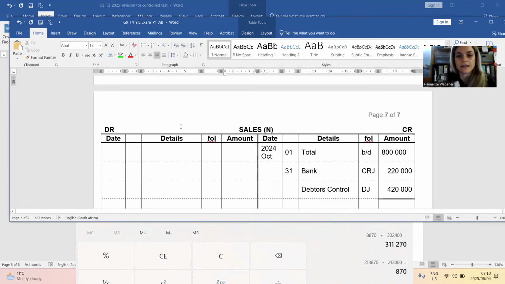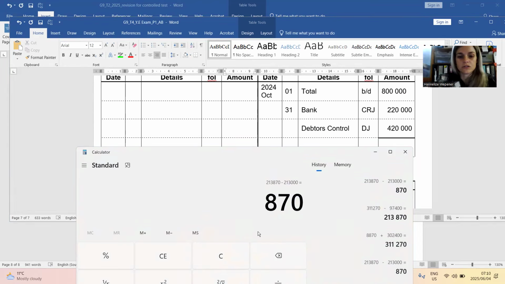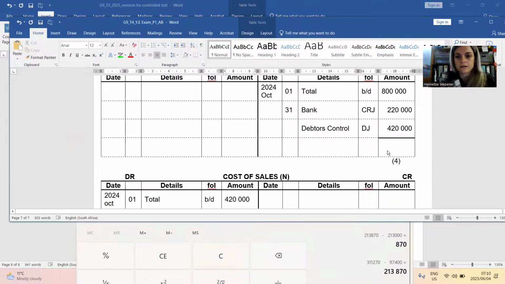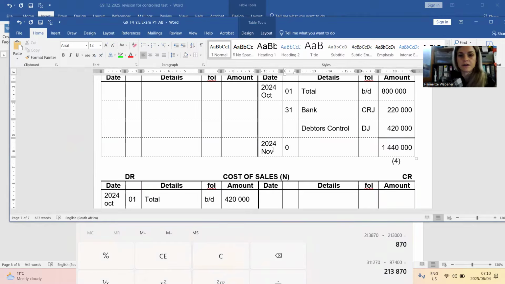Then for your nominal accounts, we only add the totals. We don't balance. So 800,000 plus 220 plus 420. So our total sales is now accumulated to 1.44 million. And then we say that on the 1st of November, we're going to start with this total that we brought down from October.